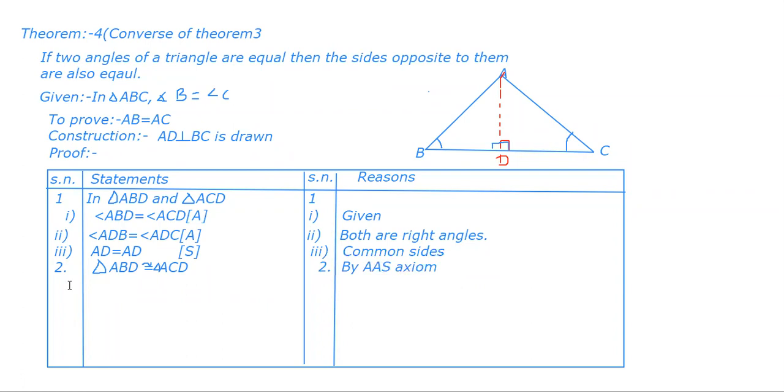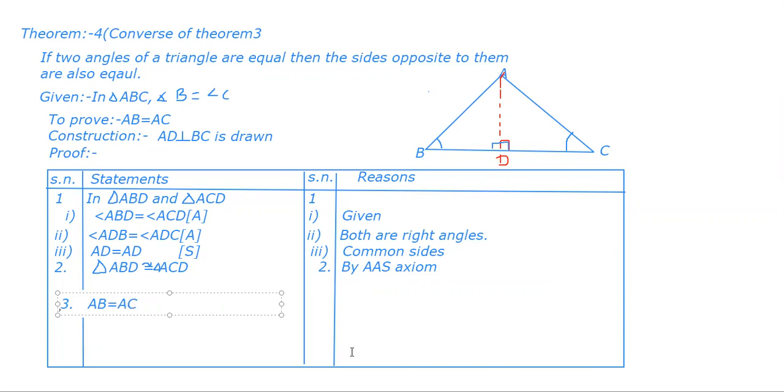Now, if they are congruent, we can write AB and AC are equal because we know that corresponding sides of congruent triangles are equal.